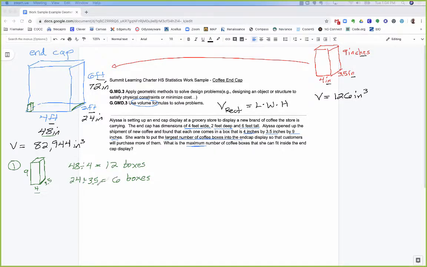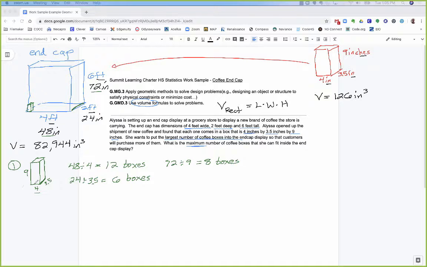Okay, so I can fit 6 boxes deep. I can fit 12 boxes wide. How many boxes up and down? Well, up and down, or the height, is 72. So 72 inches tall, and each box is 9 inches. So it looks like that actually does divide nicely. 72 divided by 9 is 8 boxes tall.